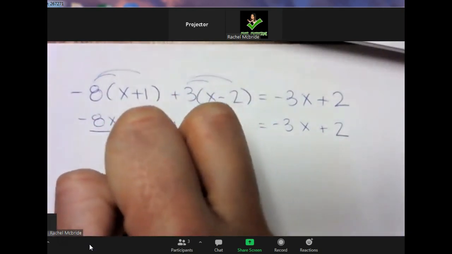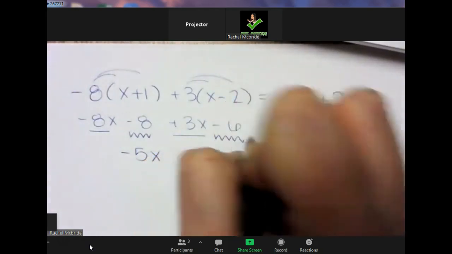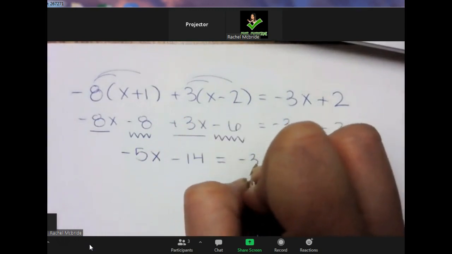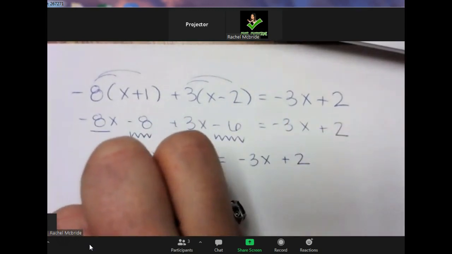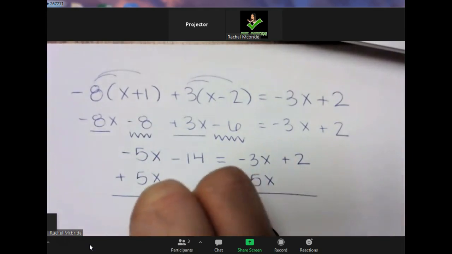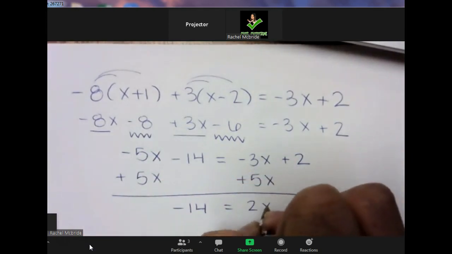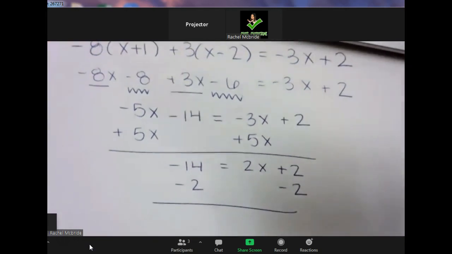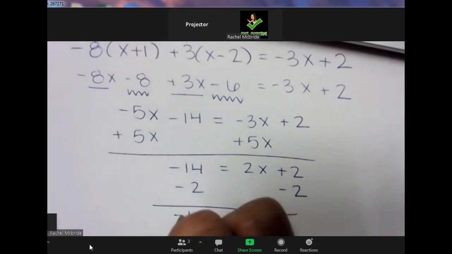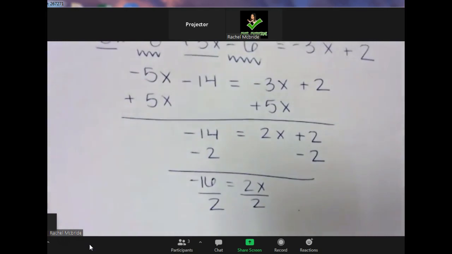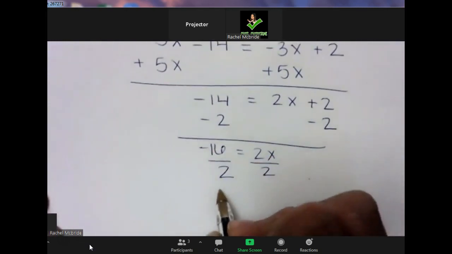So you get negative 5x, and then you group your negative 6 and your negative 8, and that gives negative 14 equals negative 3x plus 2. I'm adding my 5x to turn my variables to positives. Subtracting my 2. Dividing by 2. And we get negative 8.